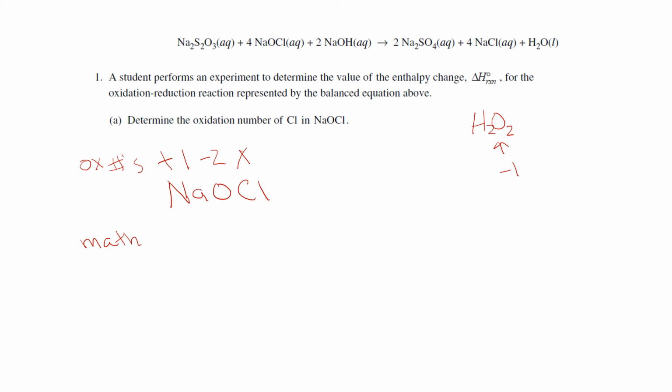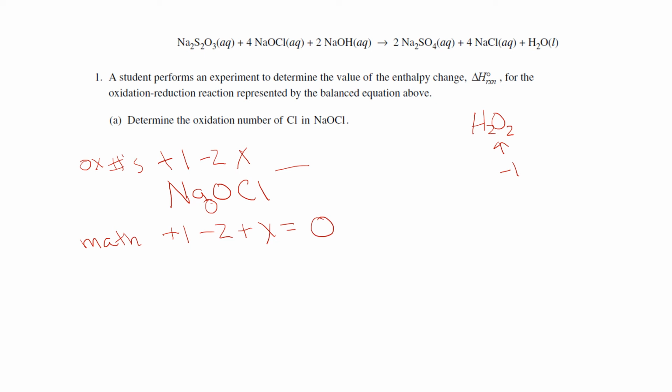You're going to multiply the oxidation number by whatever subscript shows up. These are all 1. So 1 times 1 is going to give me 1. -2 times 1 is going to give me -2. x times 1 is going to give me plus x. Since there is no charge, this is a neutral compound, all of those oxidation numbers will add up to 0.